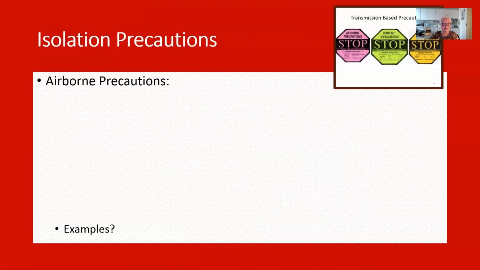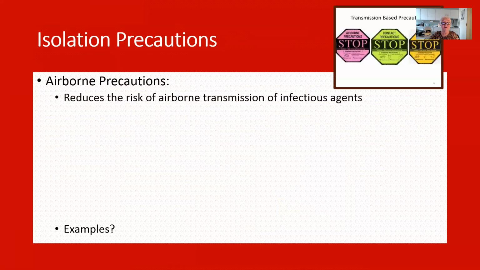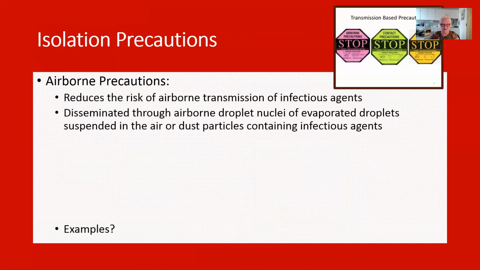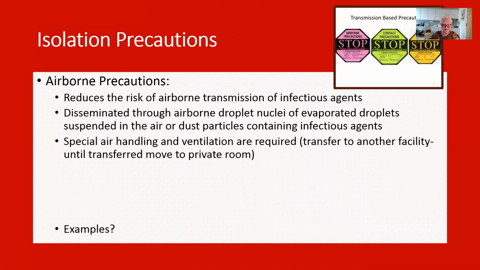Airborne precautions. We use these to reduce the risk of airborne transmission of infectious agents, disseminated through airborne droplet nuclei of evaporated droplets suspended in the air, or dust particles containing infectious agents. Special air handling and ventilation are required.